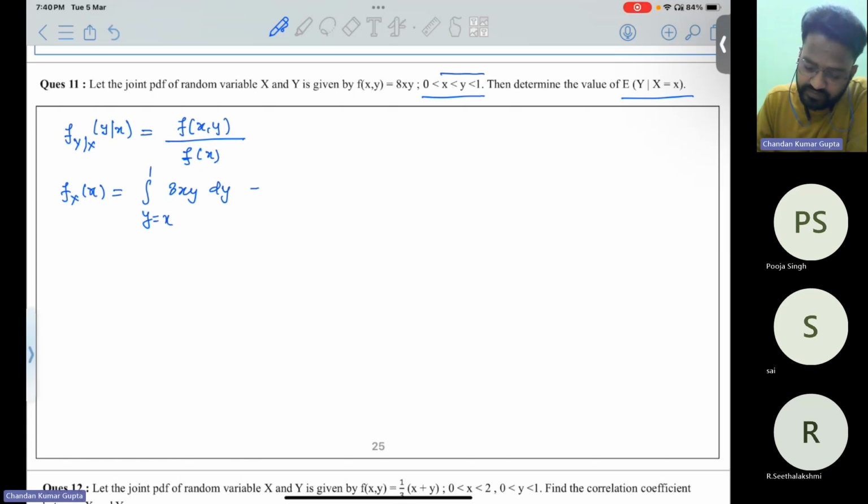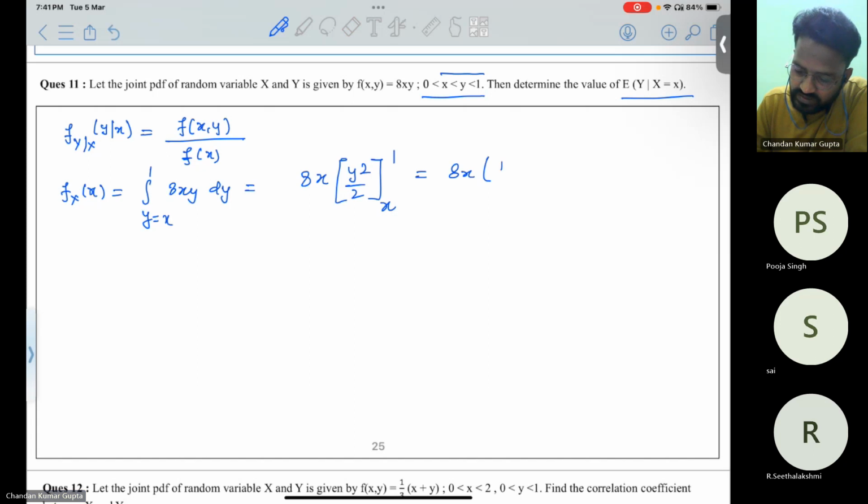That means 8x is taken as common, which is y square by 2 from x to 1. This is 8x times (1 by 2 minus x square by 2), and it comes out to be 4x minus 4x cube.